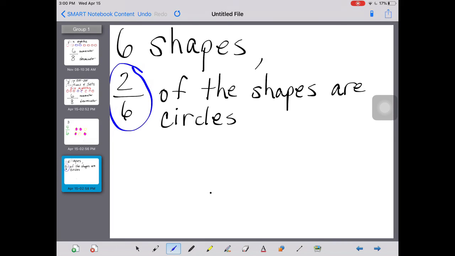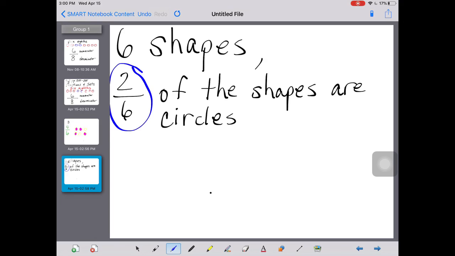I already know that there's 6 shapes, and that's helpful because even if I didn't have this information right here, I could look at this and say, oh, the denominator says 6. There's got to be 6 shapes. I just need to make sure that 2/6 of them are circles.